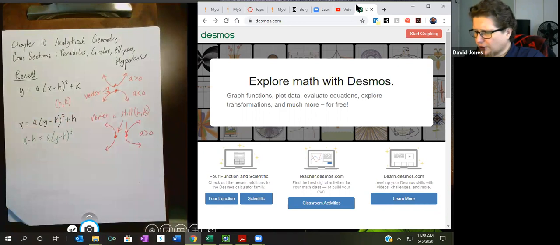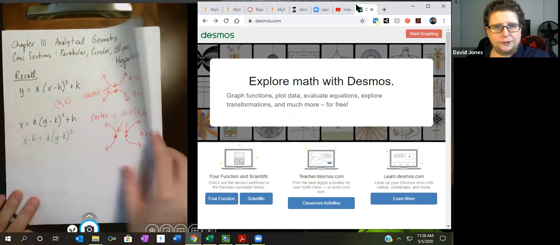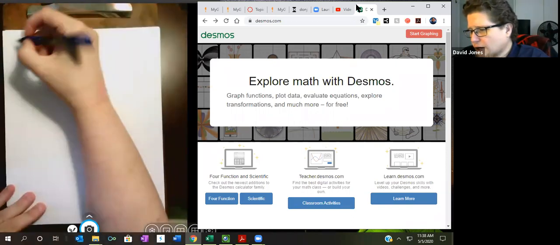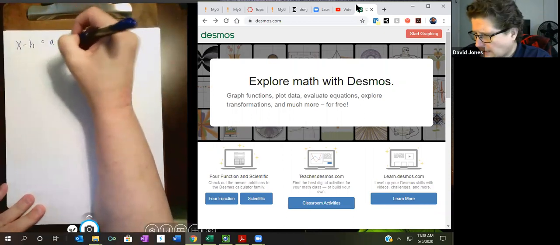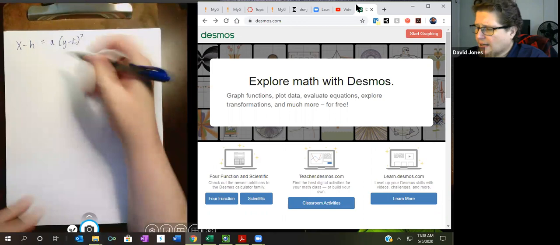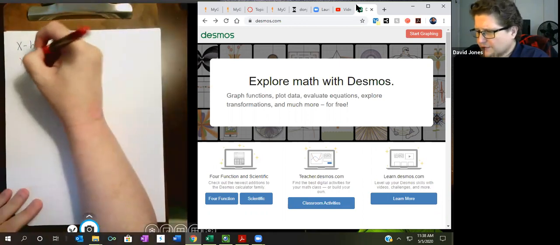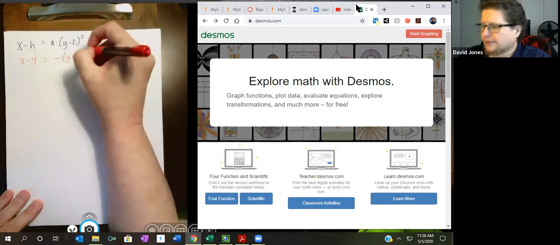So let's take a look at an example. I'm going to rewrite that equation just so we can clear things up. In our example, we have x minus 4 equals negative (y plus 2) squared.